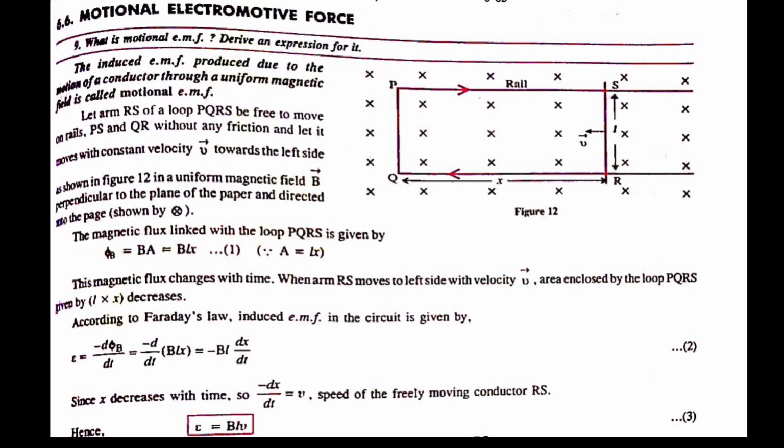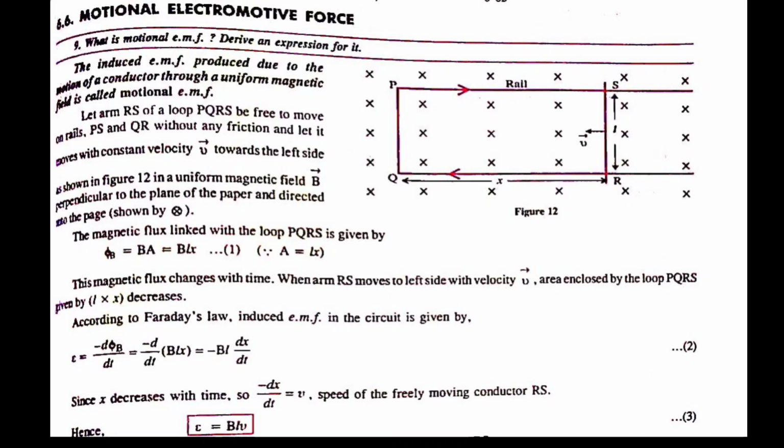Then we can use Faraday's law to calculate the induced EMF, and there is a negative sign in equation number 2. Since x decreases with time, minus dx divided by dt is taken as the velocity v with a positive sign, because the negative sign shows that x, that is the distance, keeps on decreasing with time.